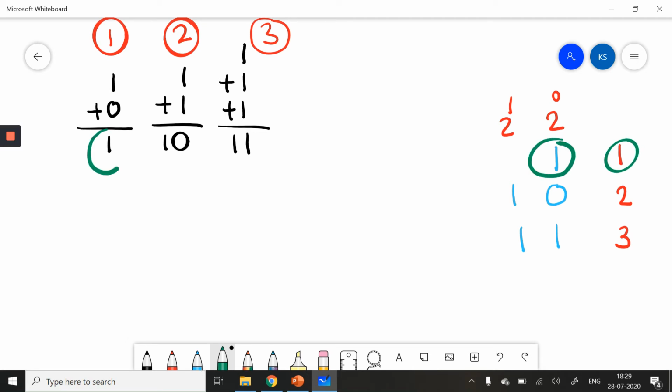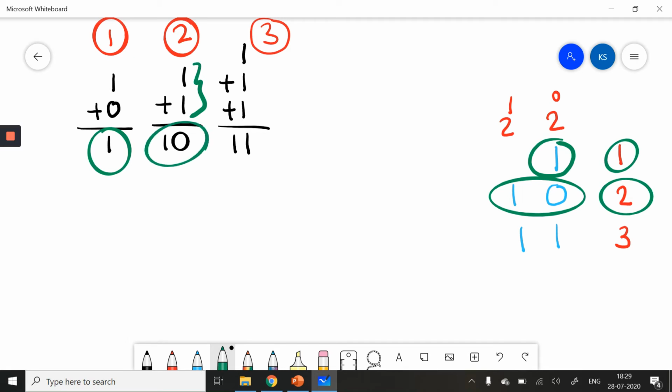If I have two 1s, then my answer would be 10. And if I have three 1s in my inputs, my answer would be 11. So this is the simple trick you can remember for this calculation.